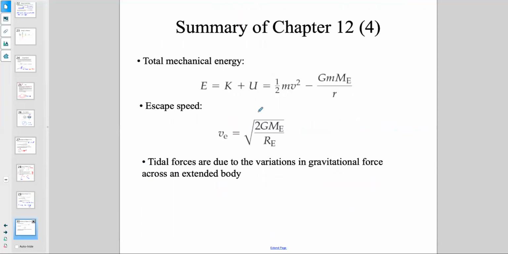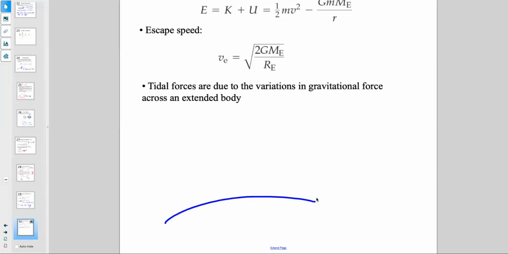And the total mechanical energy, E, is K plus U, or half m v squared minus G m_E m over R. And the escape speed is this value, okay? In other words, for escape speed, you need a final kinetic energy of 0. You're starting from here and going up.